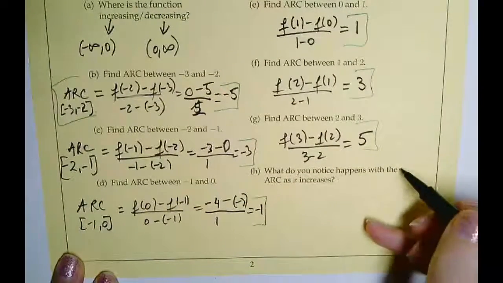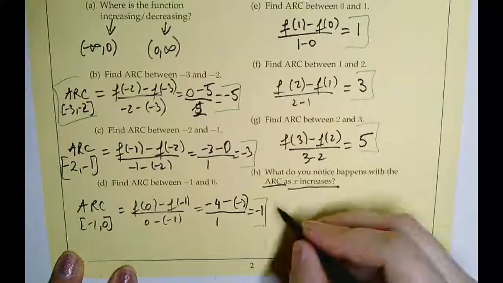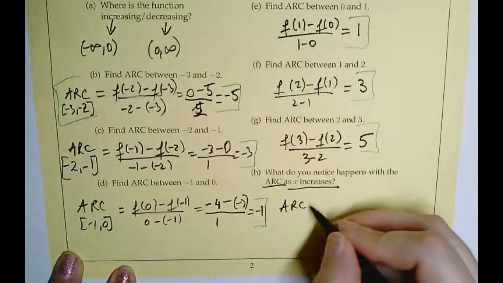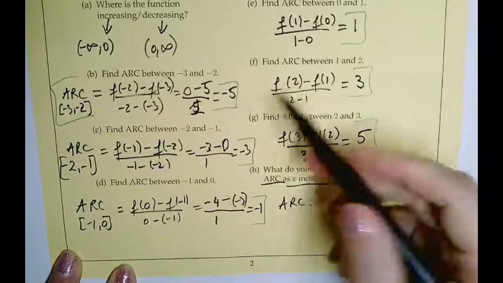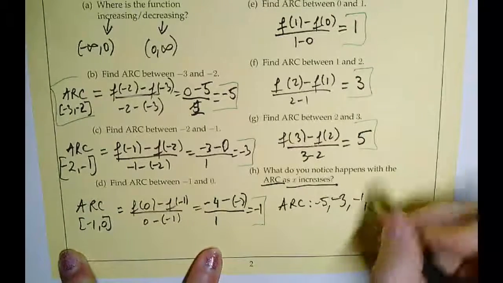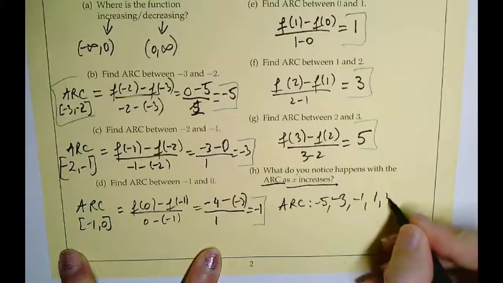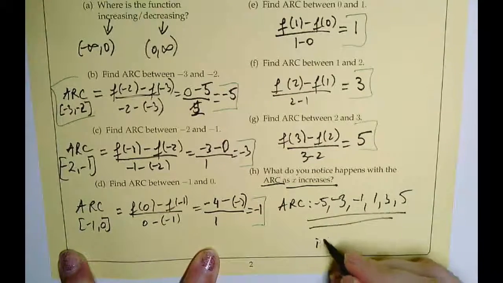So what do you notice happens with the average rate of change as x increases? What did we get for the average rates of change? We got negative 5, and then as we increased x, we got negative 3, negative 1, and then 1, 3, and 5. So you see how the average rate of change is increasing.